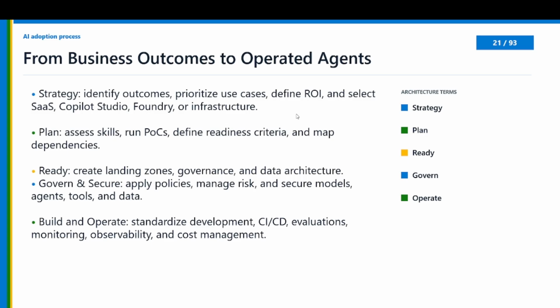So AI adoption process. These are the processes and the architecture terms that you should use for the AI adoption process, from business outcome to operated agent. As an AI solution architect, you are not just architecting AI.